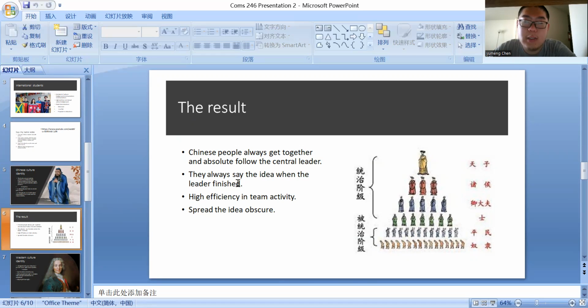That's why Chinese students in classrooms in foreign countries are not willing to say their ideas first, and they always share their ideas after the professor has finished. However, this way of thinking brings high efficiency to team activity. But for some Western students it is misunderstood, and that's why intercultural communication is necessary.